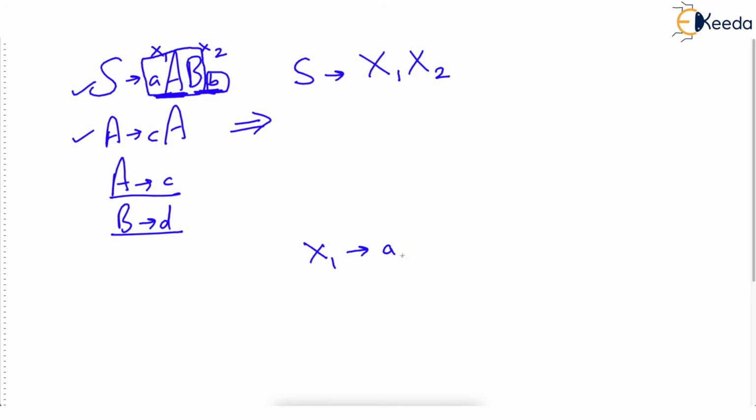According to this, x1 is AAB and x2 is small b. Note, x2 is already in CNF, but x1 isn't.